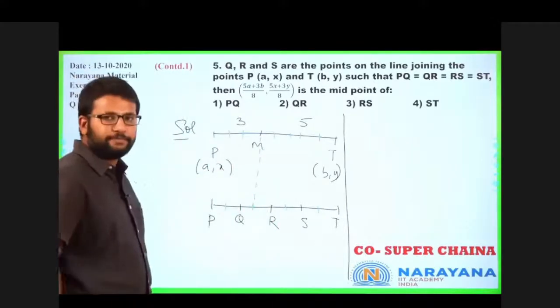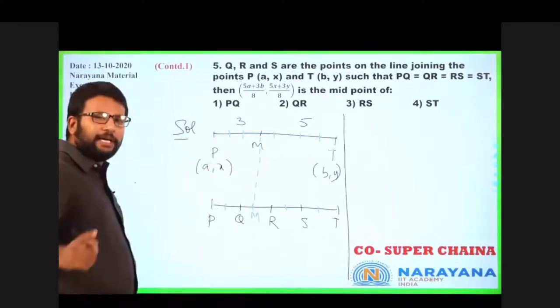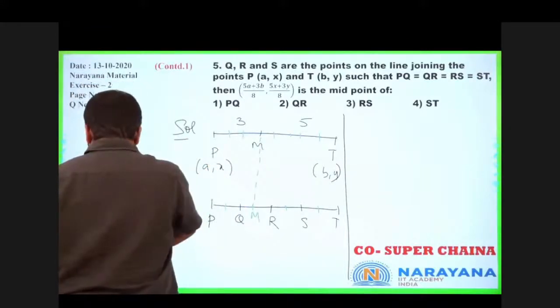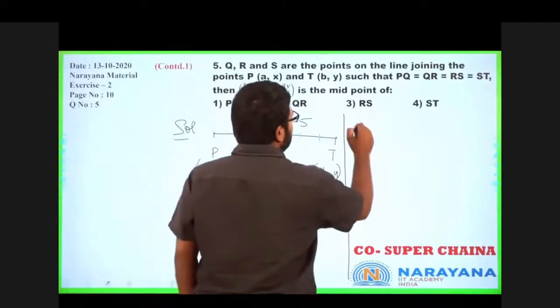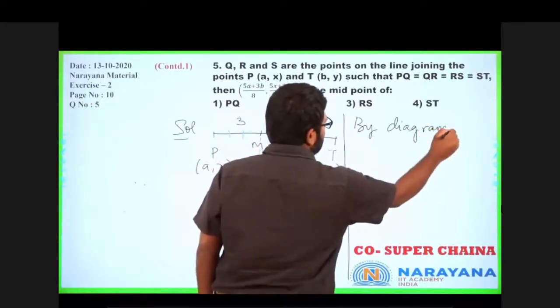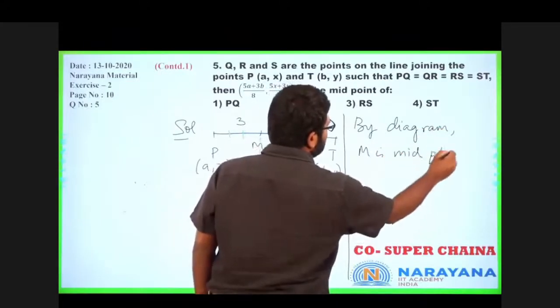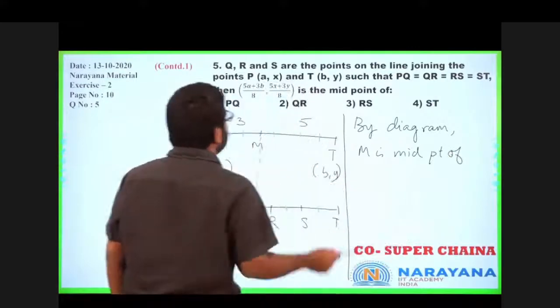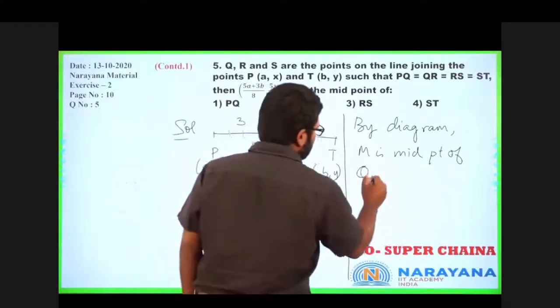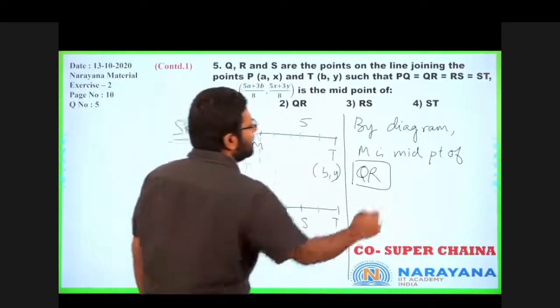Can you see that? Therefore, this is where M is lying, and directly by looking at the diagram we can be sure that M is midpoint of, they're asking M is midpoint of which segment? So M is midpoint of QR, right? Got it?